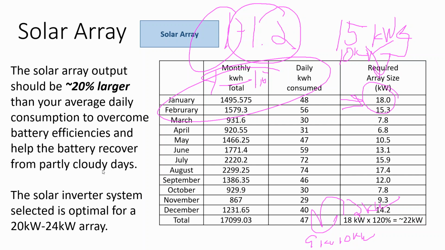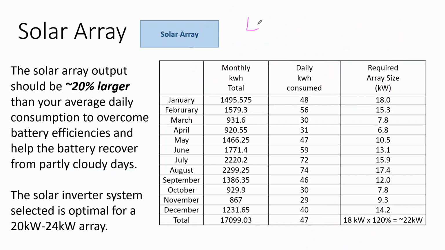The charge controller we selected ended up having a 4.8 kilowatt output capacity. And with that 4.8 kilowatt output capacity, you could get away with doing 2 relatively small circuits of solar panels before you get up to 4.8 kilowatts.